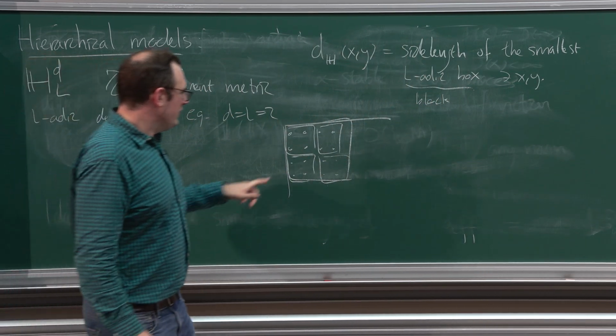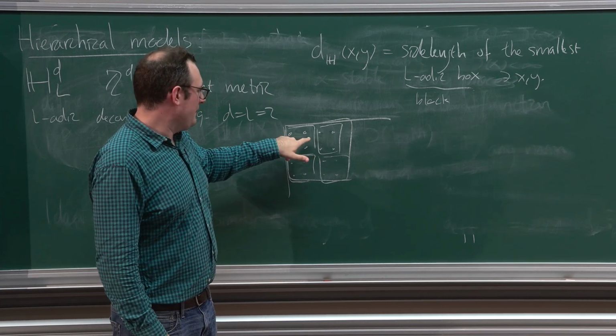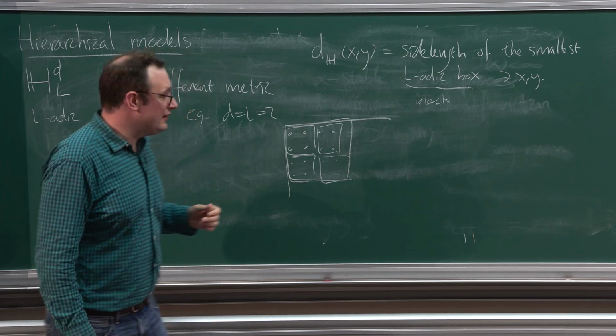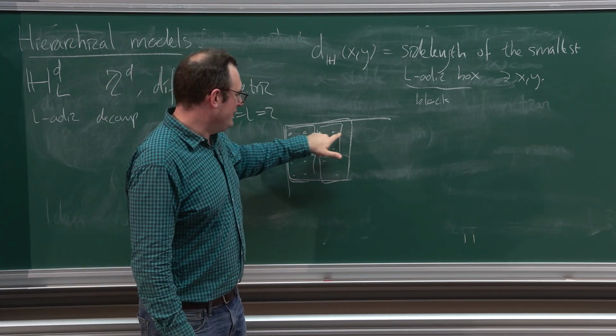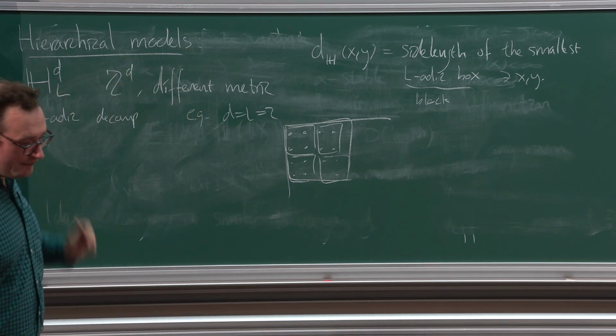Okay, so in particular, these 2 points have distance 2. These 2 points have distance 4, even though they're in the same piece. And points here will have distance 8, even though they're next to each other in the Euclidean geometry.